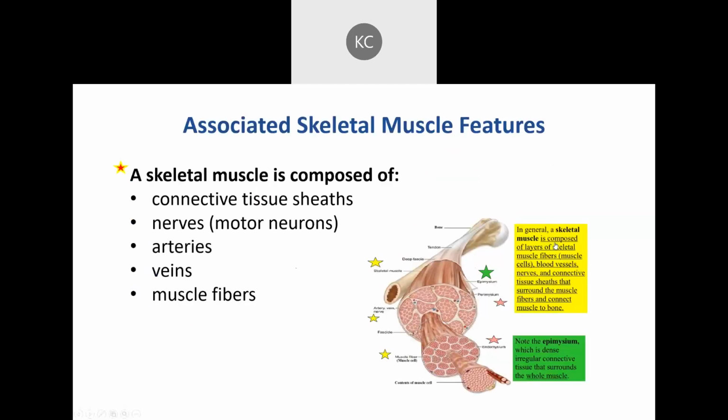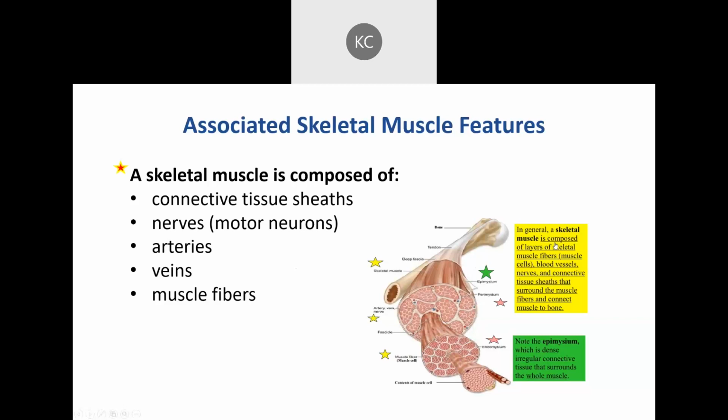So if we look at this hierarchy, we can see a number of things. So we can see these connective tissue sheaths that surround a muscle fascicle, surround the individual muscle cell or muscle fiber. We have nerves, particularly motor neurons. And so as we get into future lectures and we talk about the nervous system in more detail, we'll look at what are called motor neurons and sensory neurons. Sensory neurons bring information back to the brain and spinal cord.